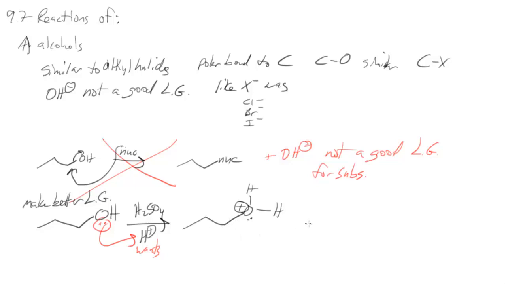Now, if I had some kind of a nucleophile attack, and this electron pair leaves with the oxygen, now my leaving group is water. And obviously water is very stable on its own. So now this is a great leaving group.